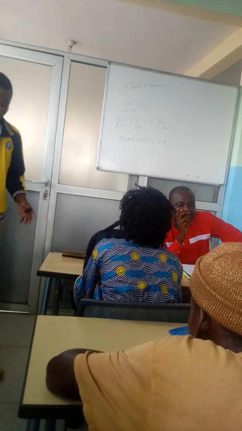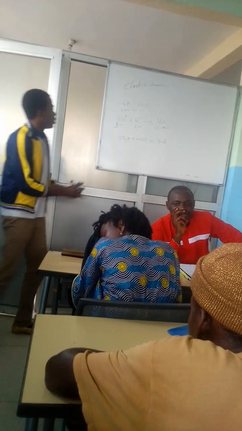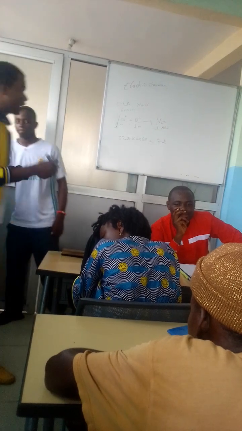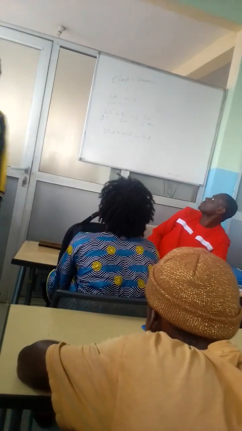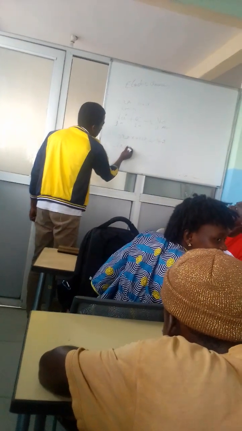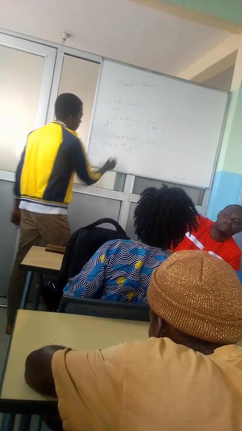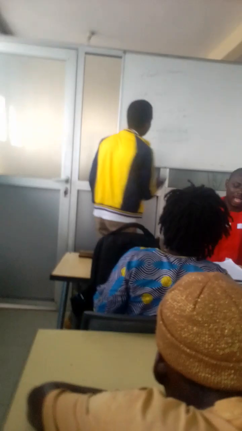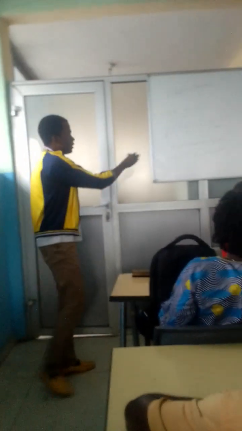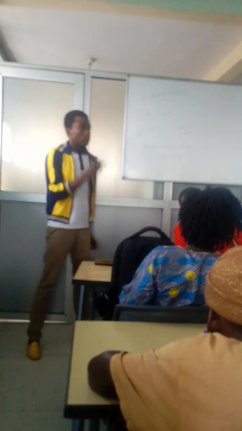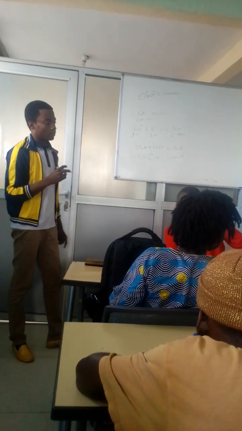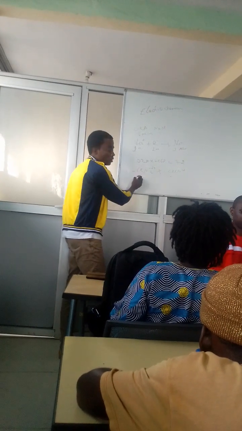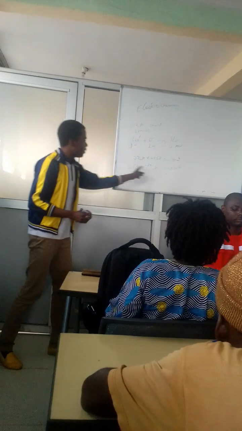Now here it comes to appreciate one of our scientists, our colleague, Michael Faraday. For us to use the Faraday constant, you have to use the charge of an electron, which is 1.6 times 10 to the power negative 19 coulombs, times the Avogadro constant, 6.02 times 10 to the power 23.